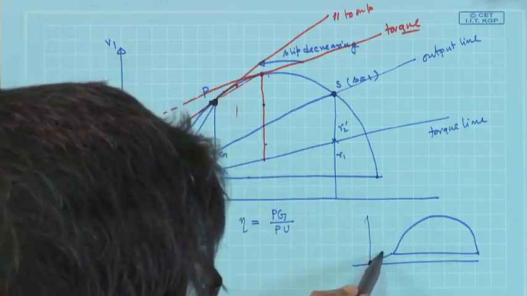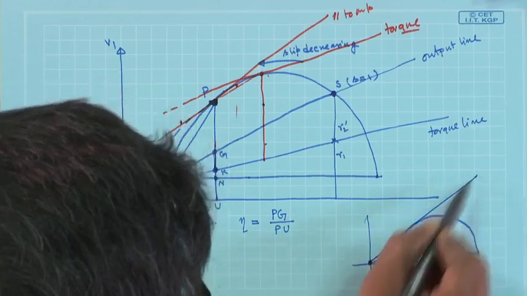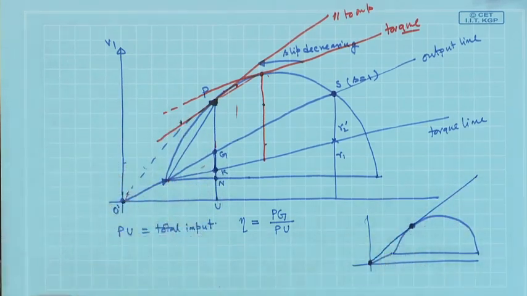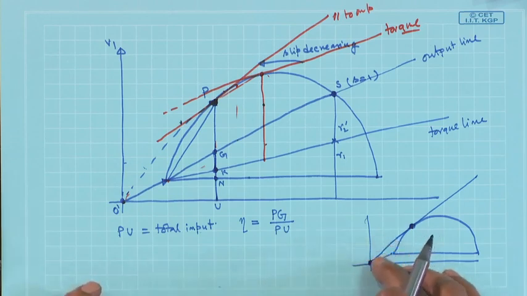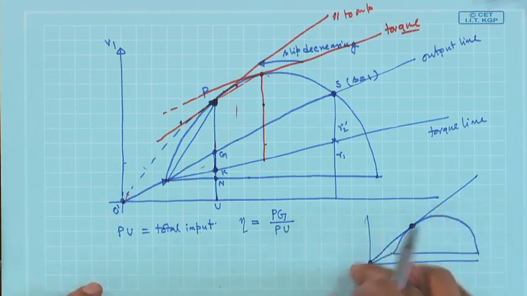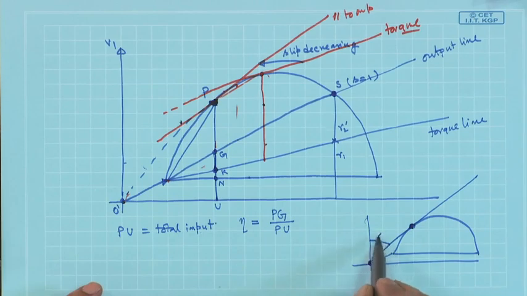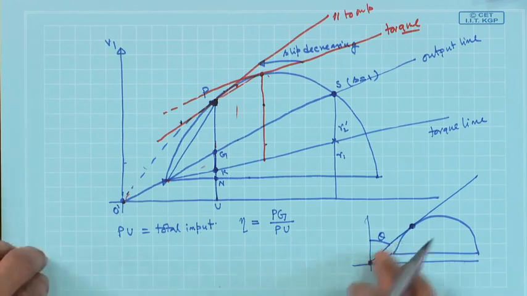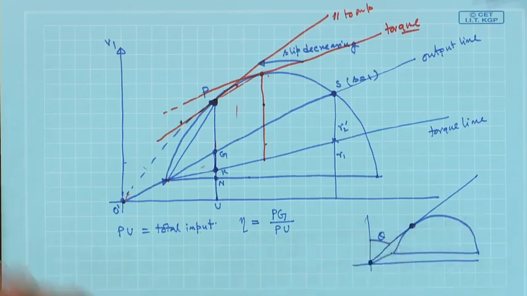So, draw a tangent to this circle, this will be the operating point corresponding to maximum power factor. Because you can easily see for any other power factor, this angle, which is the power factor angle theta, will become more, and cos theta will have its maximum value only at this point.